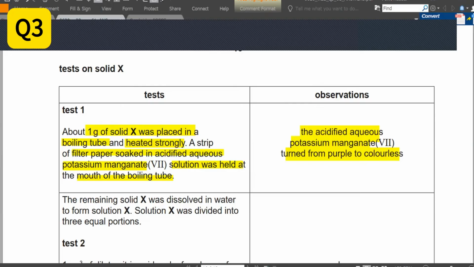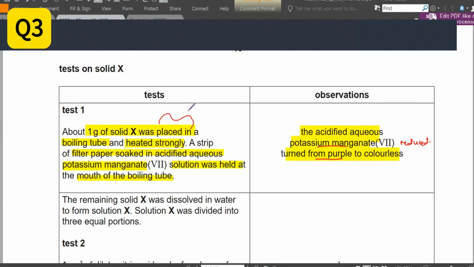This shows that the potassium manganate is reduced, which means this solid X is oxidized.